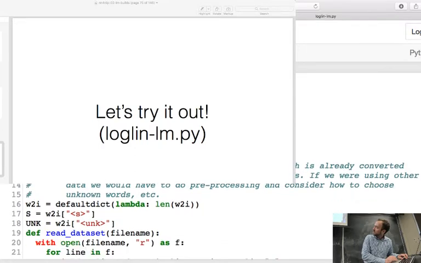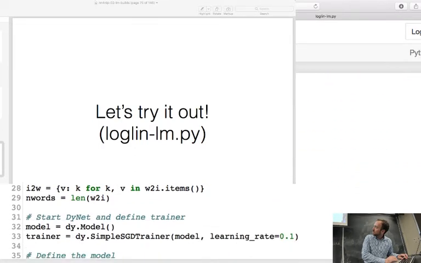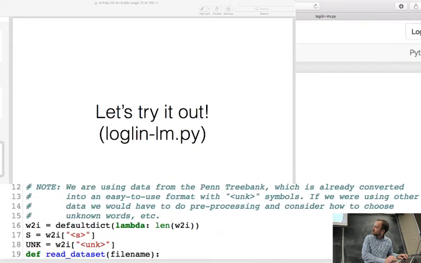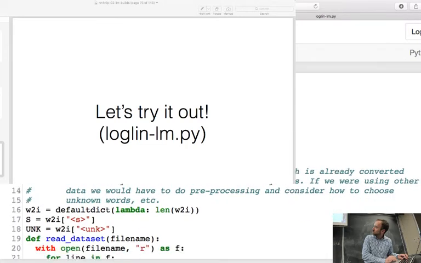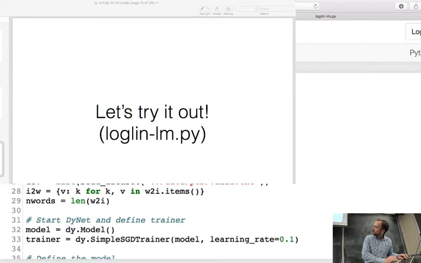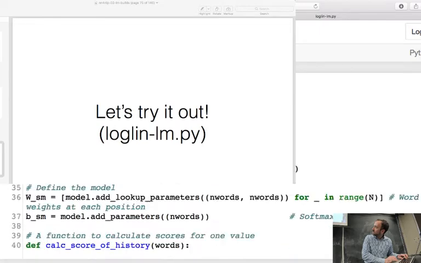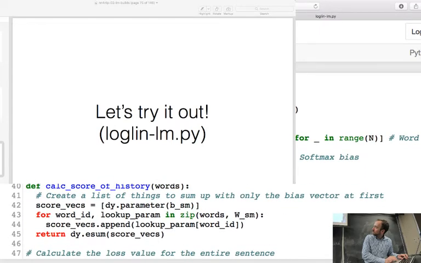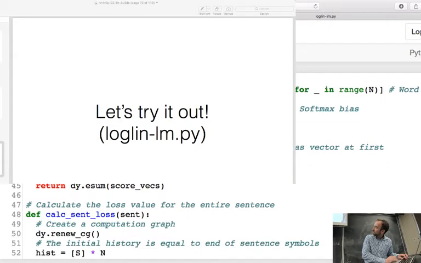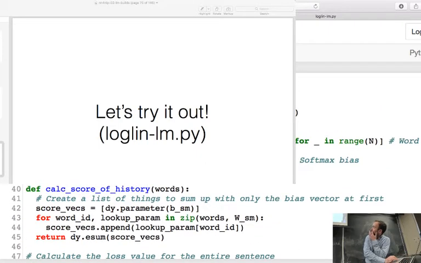We have the length of the n-gram model, and we have the length of the n-gram. So this would be the previous 2 words we're using. We do stuff like reading in the data and defining our model. And then after we do this, basically we define word embeddings, or things to look up for the words, where the size of the matrix is the number of words times the number of words.